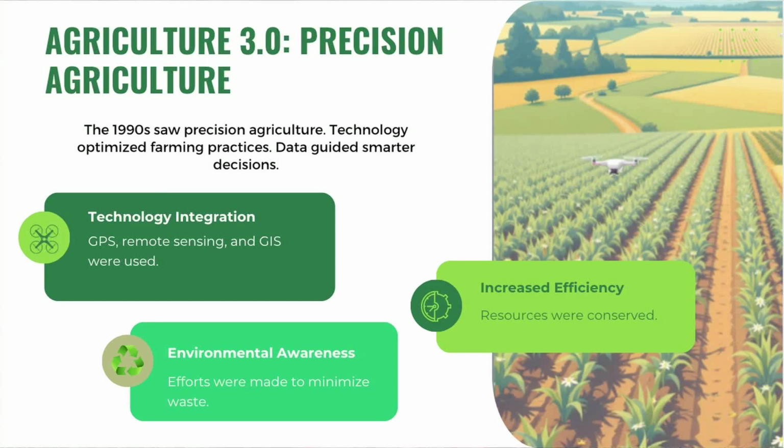As we have already mentioned above, the widespread use of chemicals during agriculture 2.0 had raised environmental concerns, and in agriculture 3.0 efforts were made to minimize waste as well as to reduce the ecological impact of farming. And next is increased efficiency. Precision agriculture techniques not only boosted productivity but also conserved resources, making farming more efficient and more sustainable.